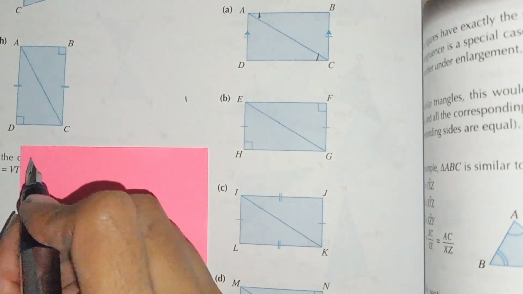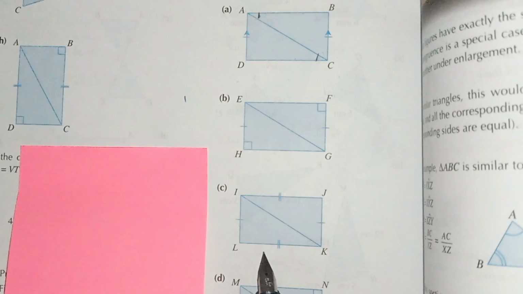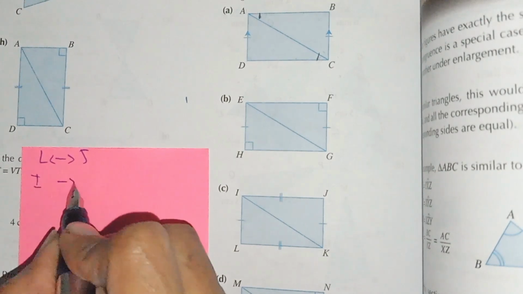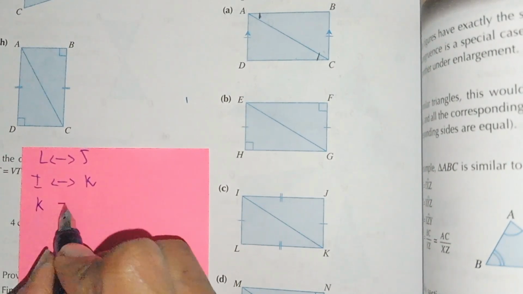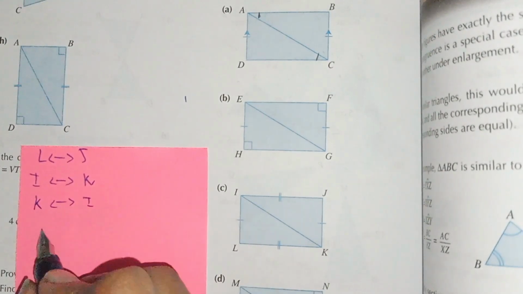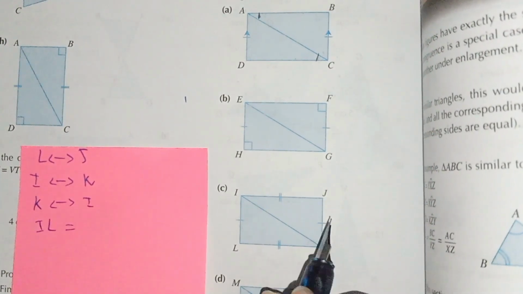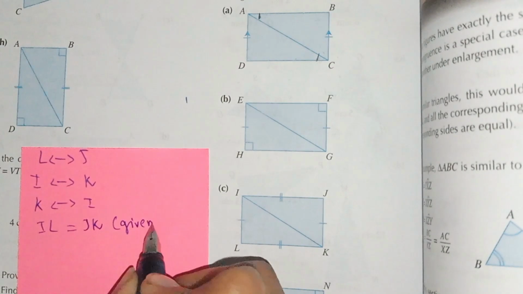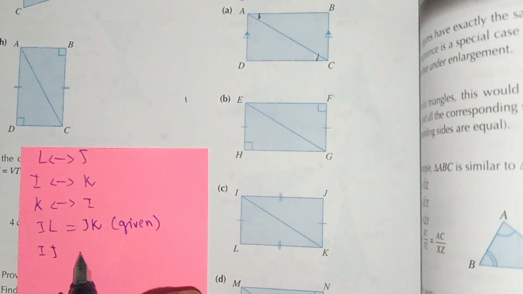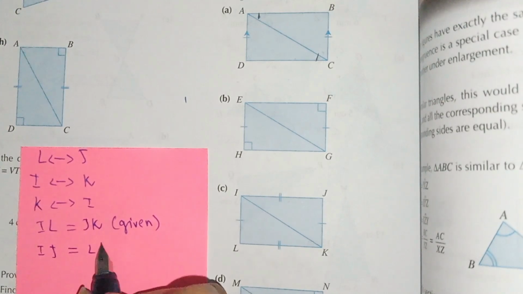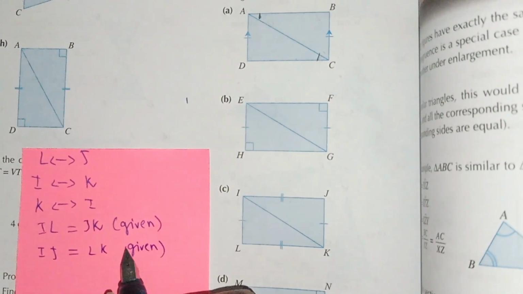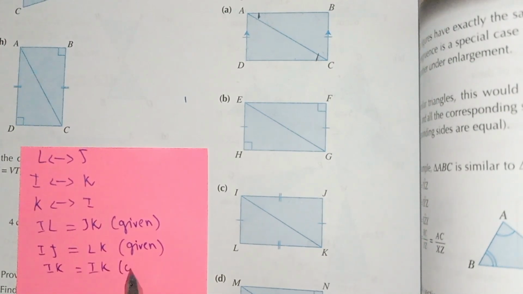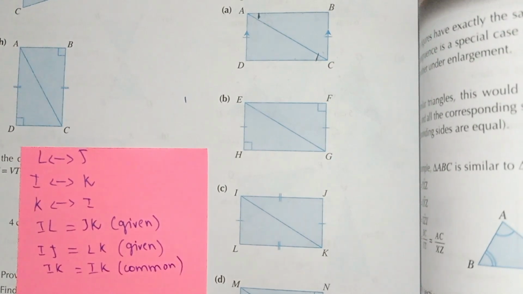Now we have to visualize by placing the triangle on that triangle, that L is equivalent to J and I is equivalent to K and K is equivalent to I. And that side IL is given to us, that is equal to line JK, that is given, and that line IJ is also given to us, that is equal to LK, and IK is equal to line IK, that is a common side.